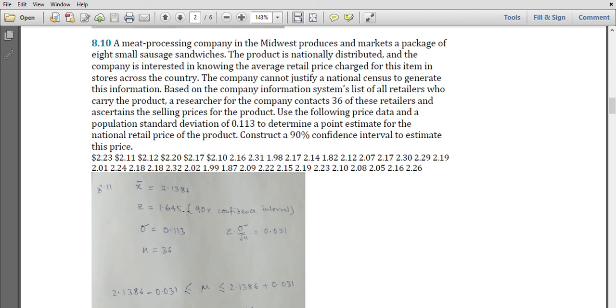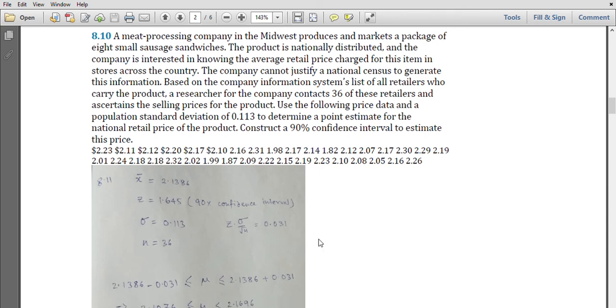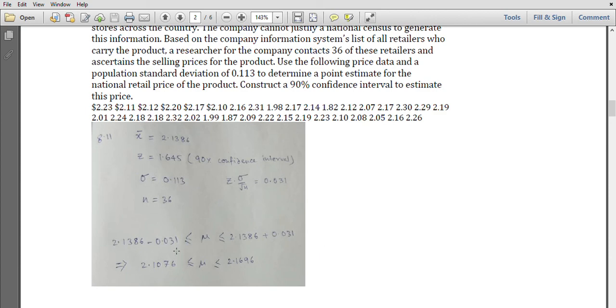Next, the z value we can find really easily because it's a 90% confidence interval. We already know this value. After that, we have sigma as well. The standard deviation is mentioned here. We got this already. Small n is 36 because it's already told as 36 of these retailers. And finally, we just have to put all the numbers into the same confidence interval formula and we are good to go.